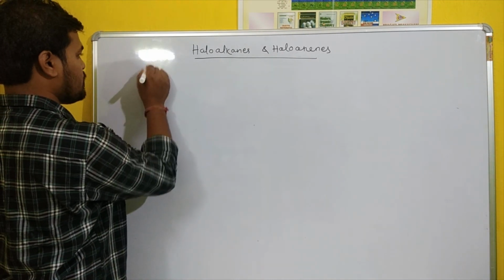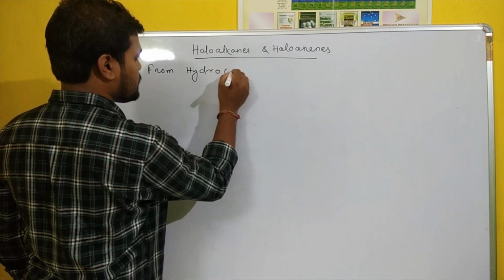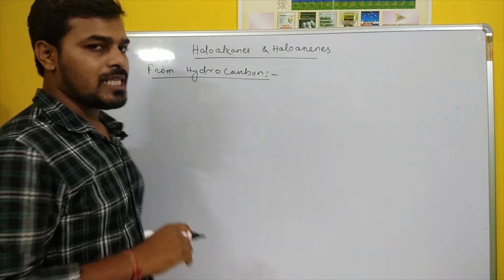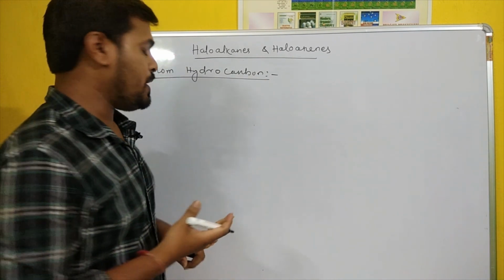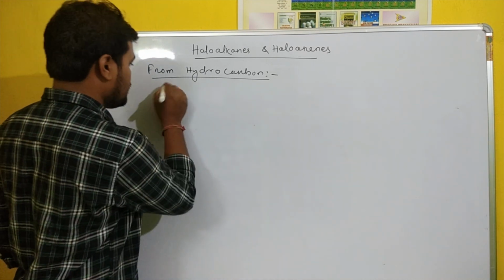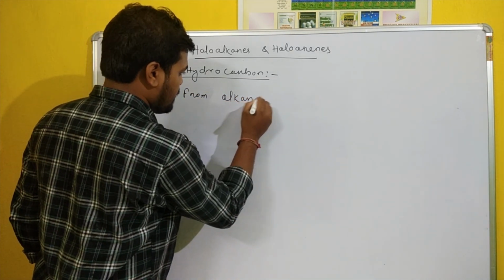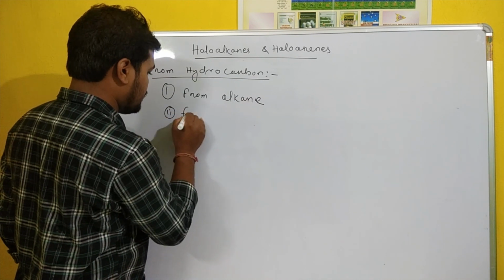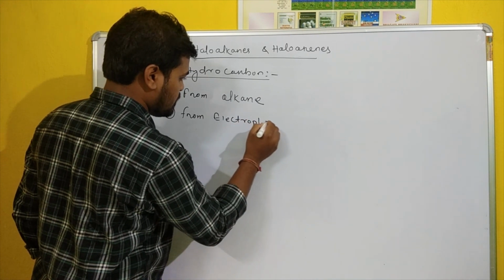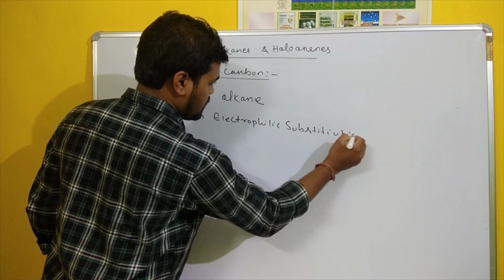The first is from hydrocarbon. From hydrocarbon, there are three possible ways we can prepare alkyl halide and aryl halide. First is from alkane. Second method is from electrophilic substitution reaction.